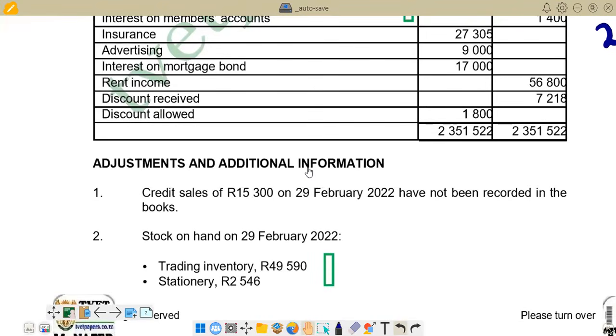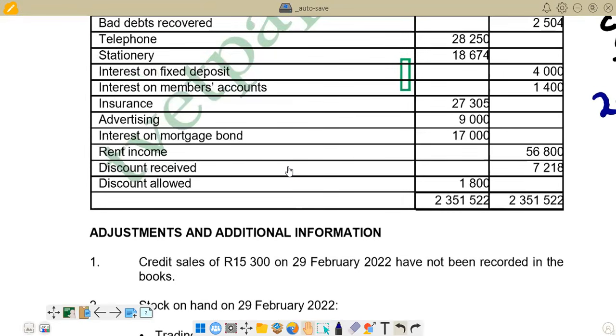So if you come here, we are seeing we've got a stationery that is our closing stock at the end. So to get the amount of the stationery that was used, we say what was bought minus what is remaining, and we get what was used, and what was used represents the expense. Let's take note of the figures.